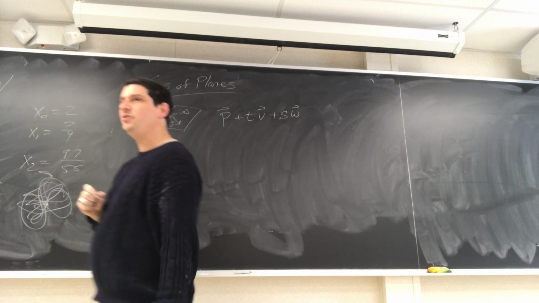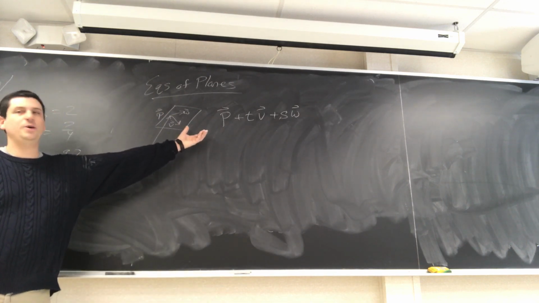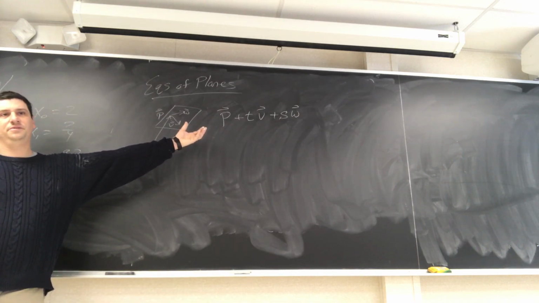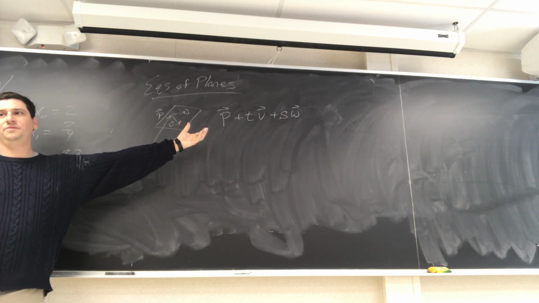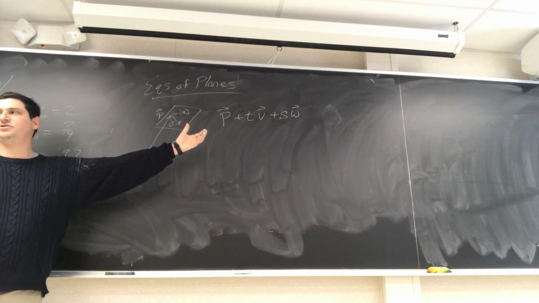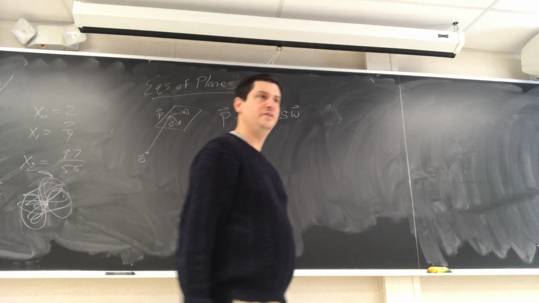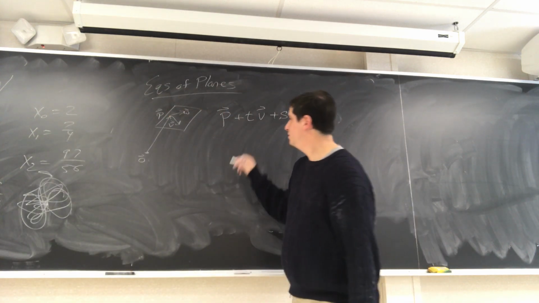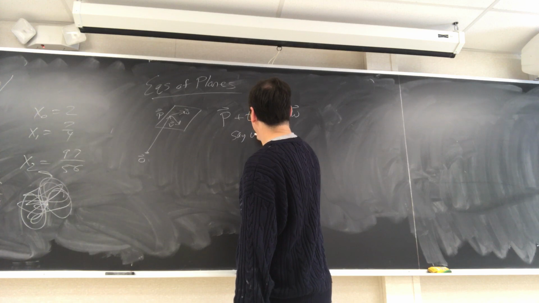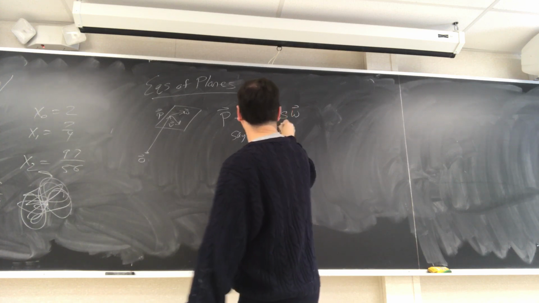If V and W are in the same direction, what kind of object is this? So V and W are in the same direction. What kind of object would you have? So let's say W equals 2V.